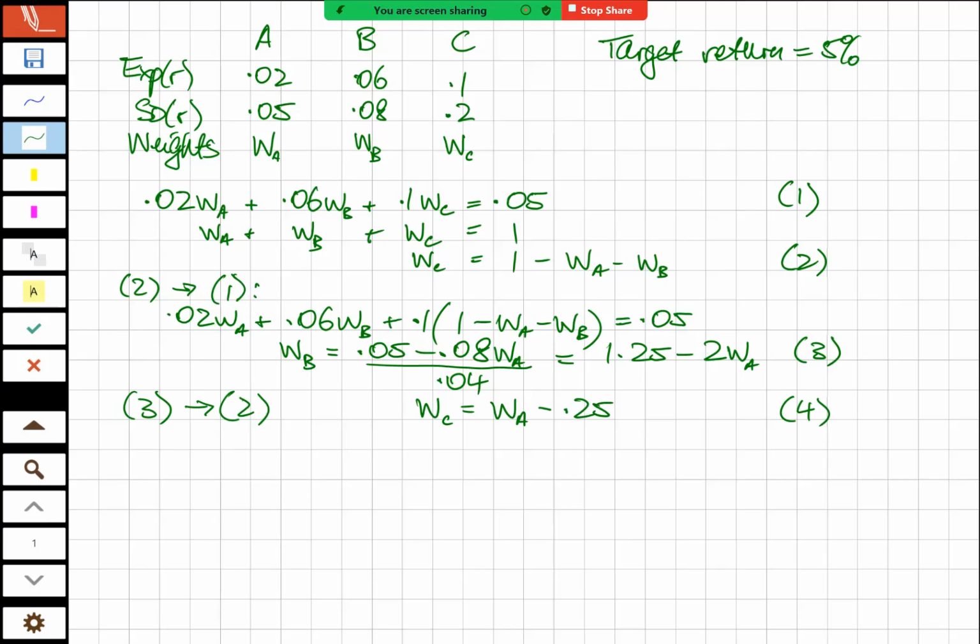Our general expression for the portfolio variance is going to take each of the standard deviations.